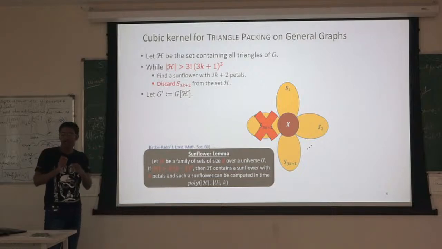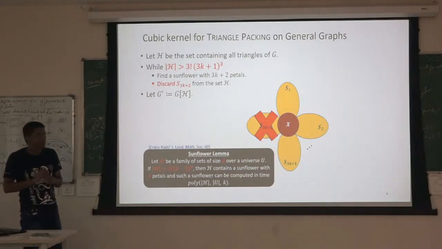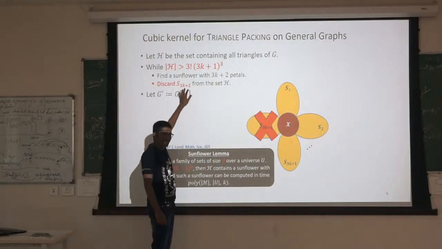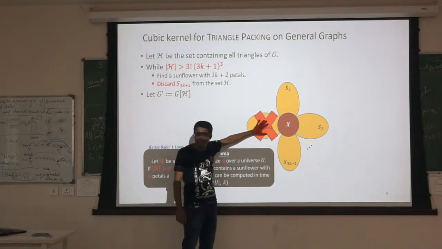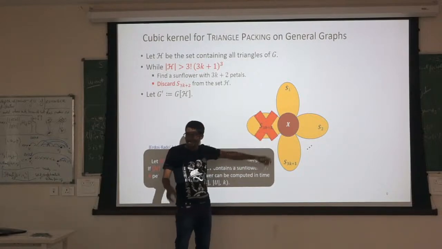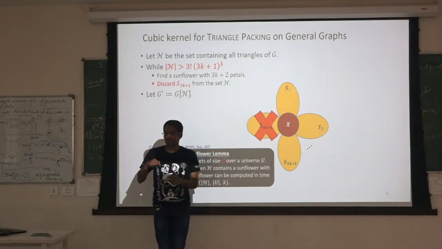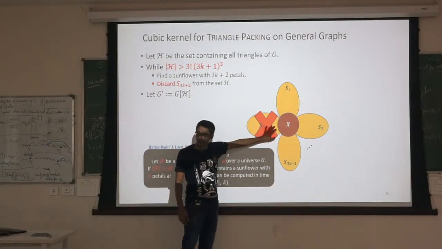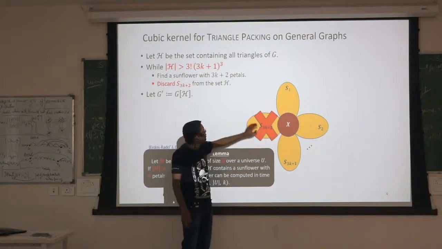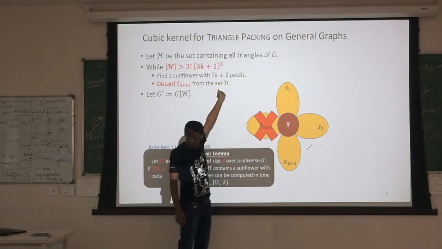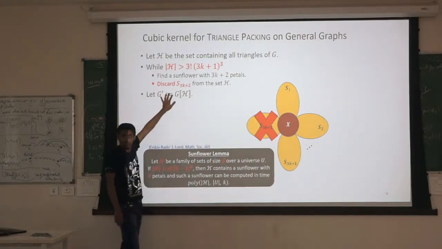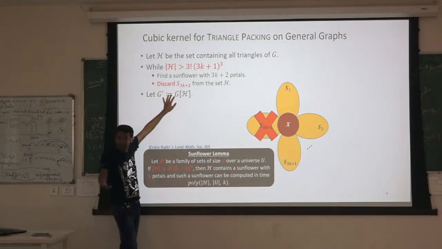Okay, this is clear? Why do we remove this S3k plus 2? We will see the correctness now. We will see that it is safe. What do I mean by safe? Recall the definition of kernelization. We said that we can reduce to a smaller graph while ensuring that if you can pack k triangles in the original graph, you can also pack k triangles in this reduced graph, but now with probably fewer elements.